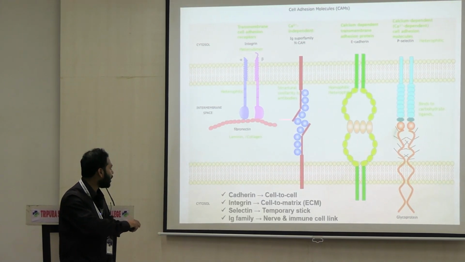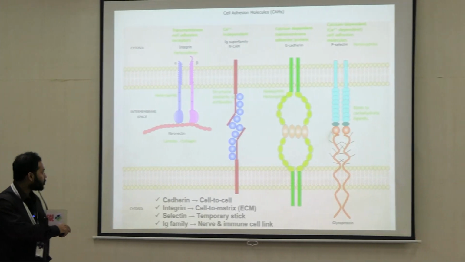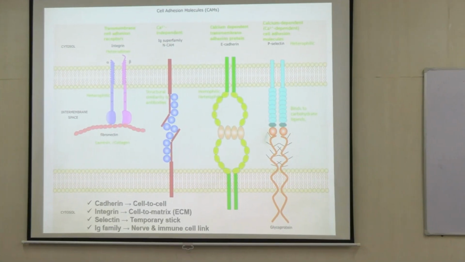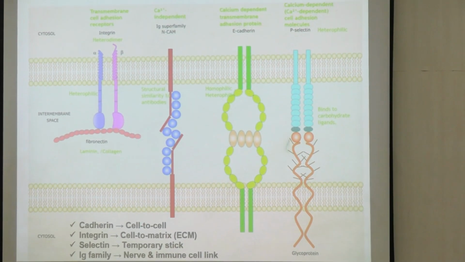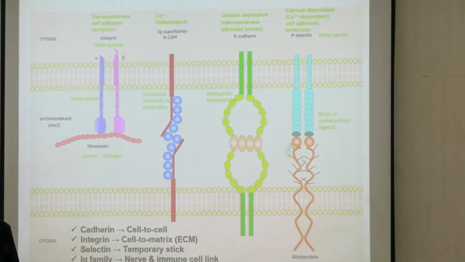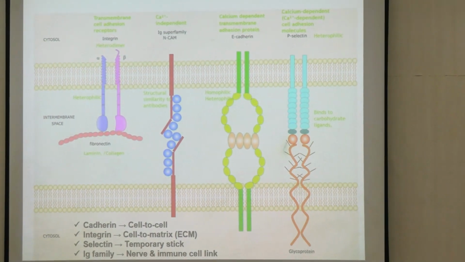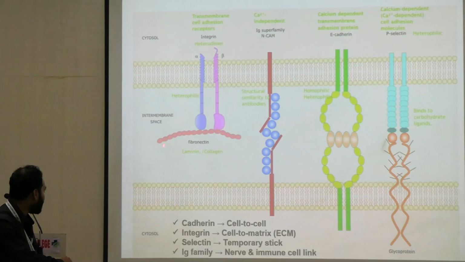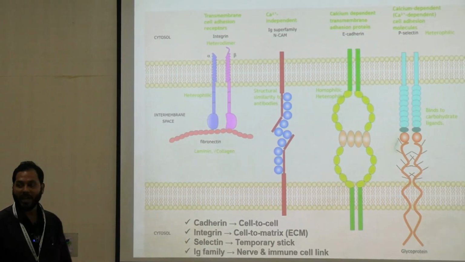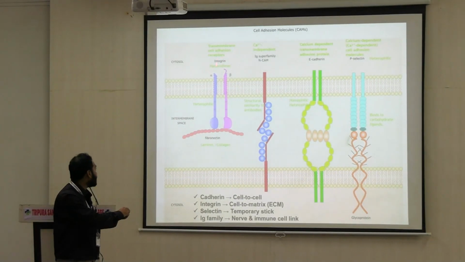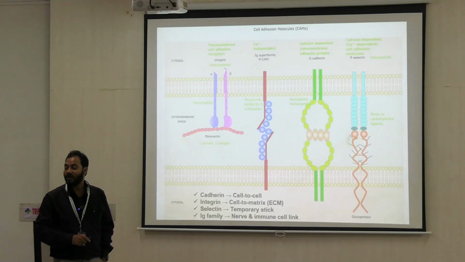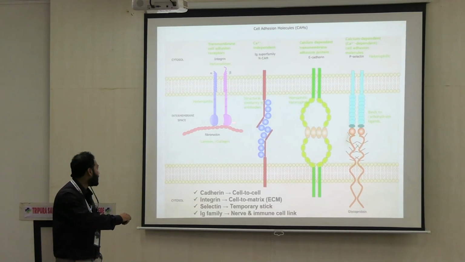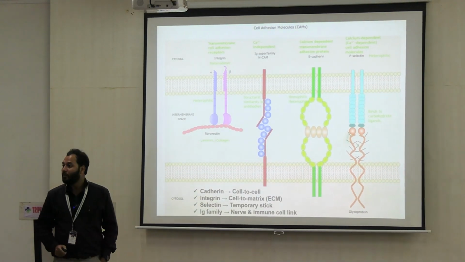This is the extracellular matrix region, right? In the extracellular matrix area, as I mentioned, there are certain types of adhesive proteins. Here the adhesive protein is this one, and this is fibronectin. It means this integrin molecule, which is a heterodimer, is attached to the adhesive protein present in the cell matrix, right?